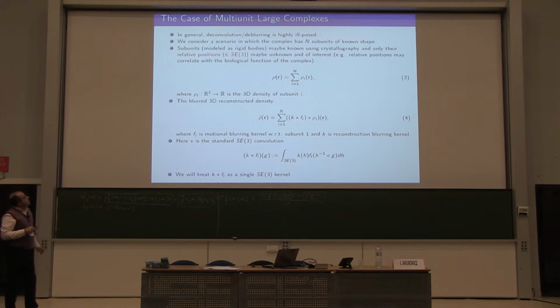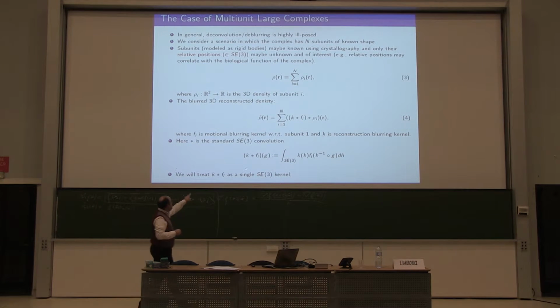So we think about a complex which is modeled as n subunits. And then the blurring effect will be something like this, the summation of convolutions. But there will be two components. One, the Fi will be acting on the body i. This will be the motional blurring, and this K common to all will be the effect of reconstruction.